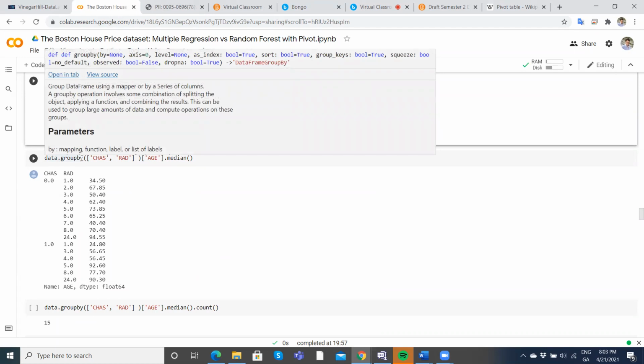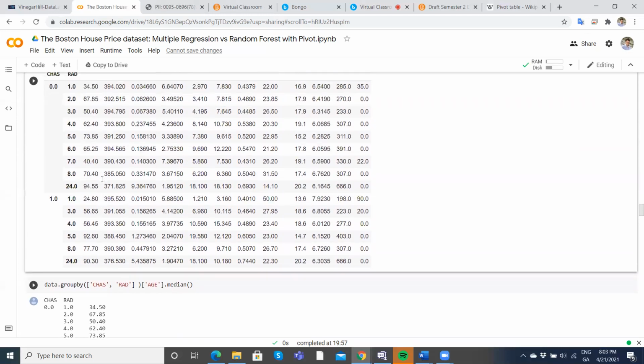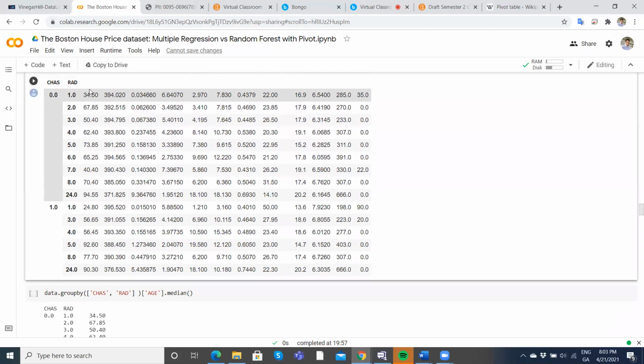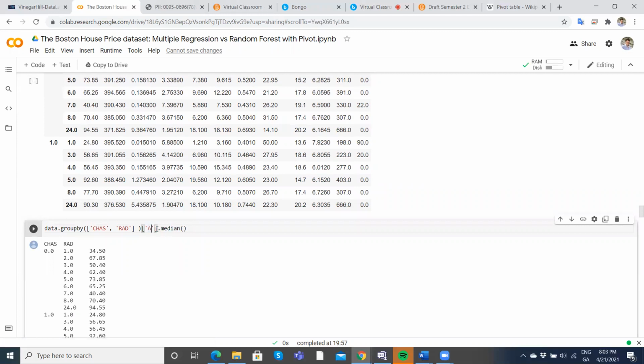And it allows us then to accomplish something similar. We could say, look, the Charles River, so group by, and then the Charles River and RAD, right? And we could go by age. And let's see, yeah, it's the same, right? Or I could say, look, price. So group by is another way of doing a pivot table here.